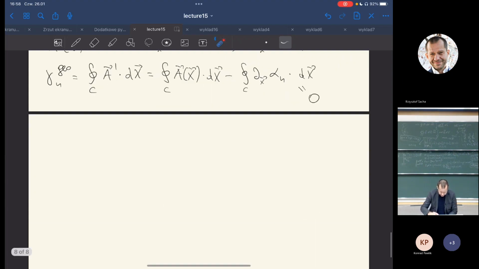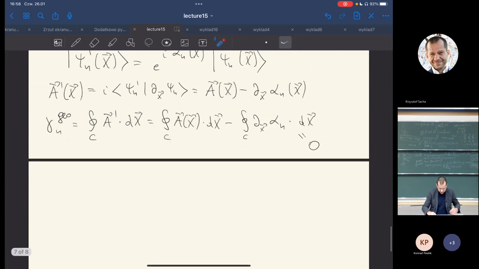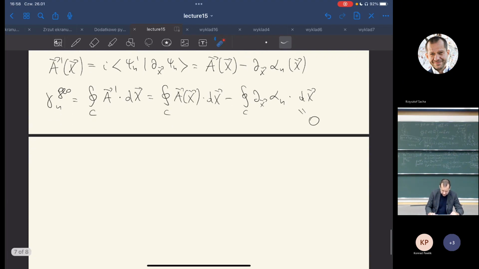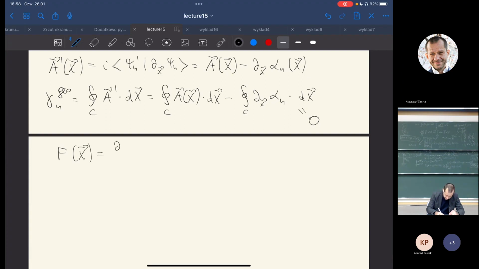Okay, so let us introduce the corresponding quantity, which in electrodynamics is the magnetic field. Let us introduce the second rank tensor, which is simply the following quantity.